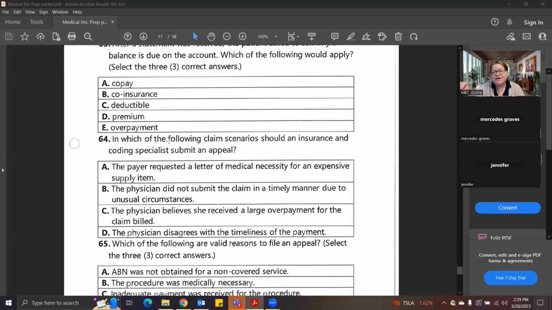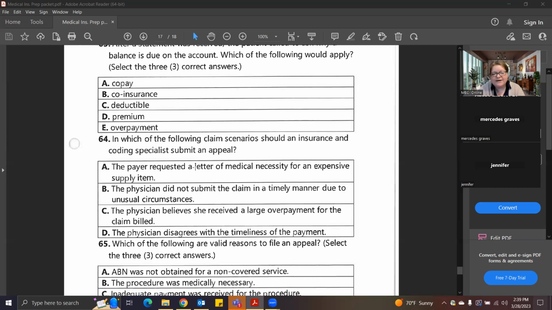But when you don't agree with their decision, no, this should be paid, this is covered under their plan, these are covered services, the policy was in effect, this should be a payable service, you should be able to pay my doctor for these services, then you would submit an appeal. And there are 3 different levels. It's not often you have to go through all 3 levels, but sometimes you do. But let's look at their scenarios.